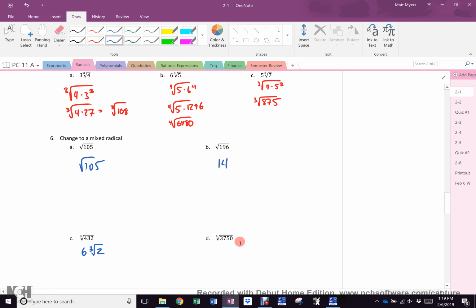That is 125 times 30, which is 5 cubed times 5 times 6. So that is 5 fourth root 6.